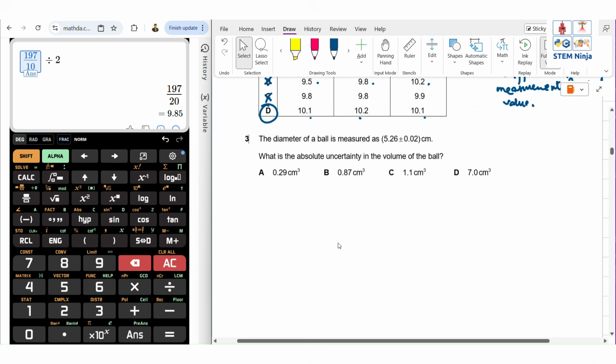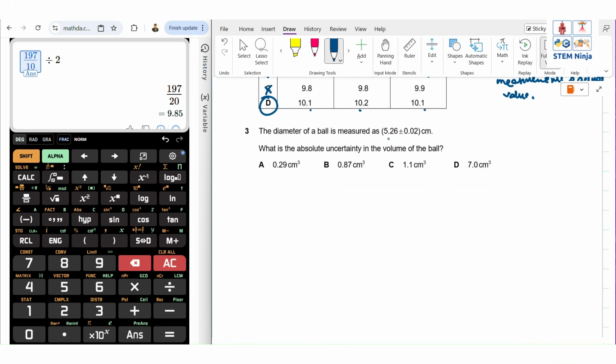All right. The diameter of the ball is measured as this. What is the absolute uncertainty in the volume of the ball? So for this, we need to find out the percentage or the fractional uncertainty in the V, and we also need to find out the V itself. So volume in terms of diameter for a sphere is 4 over 3 pi r cubed, but r we can write as d over 2 whole cubed.